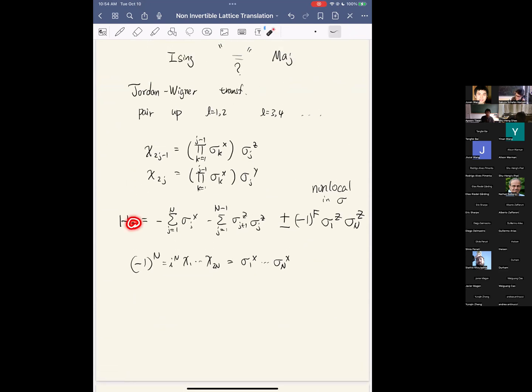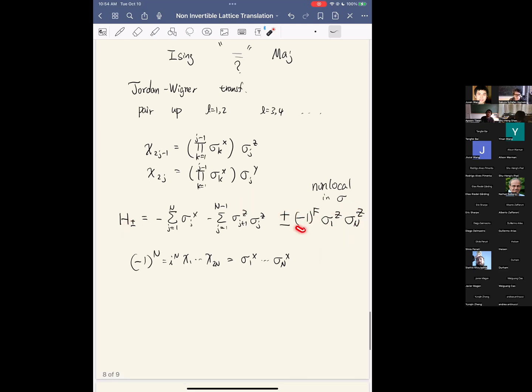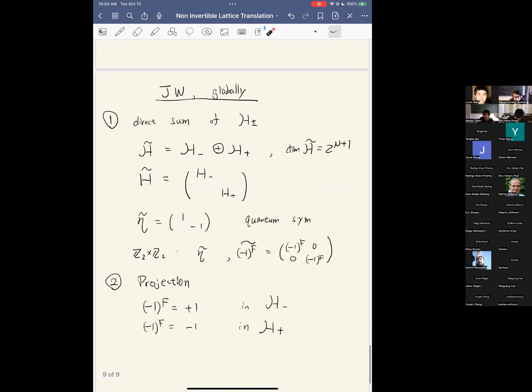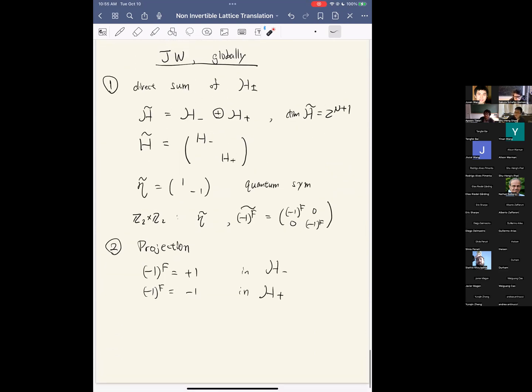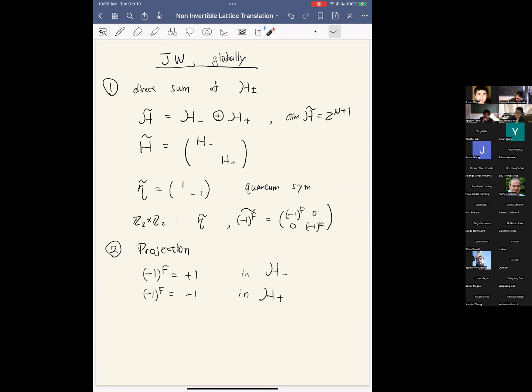In H plus, if I project to -1 to the F being minus, then I make this term the same as the rest of the terms. Conversely, in H minus, if I project to -1 to the F equals +1, then I make this term on the same footing as the rest of the terms. So if I restrict to this projected Hilbert space, then my Hamiltonian becomes the same as the transverse field Ising model.